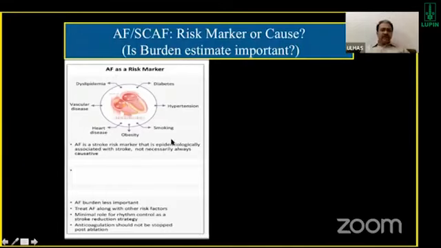So the stroke, the feared complication of AF, could also be because of the underlying comorbidities. And like any other comorbidity, AF could be considered as a comorbidity which pushes the patient to develop stroke. So it is just the risk marker, and not necessarily AF per se causing stroke.